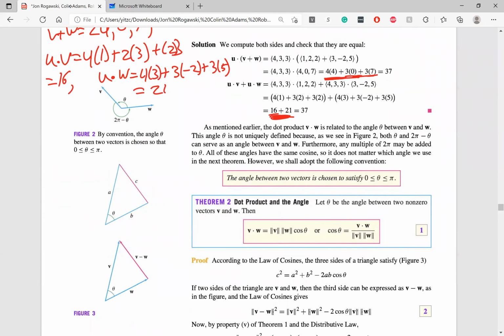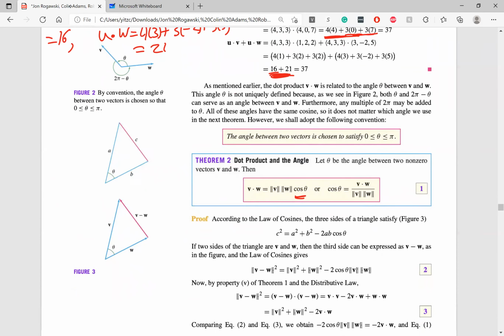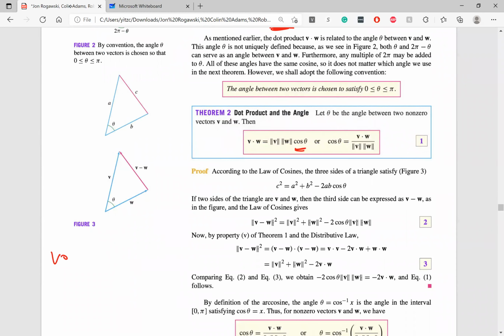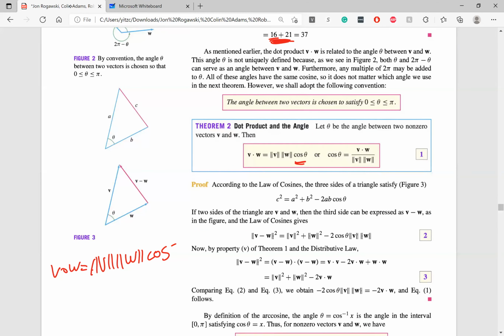So, like I said, the dot product is trying to capture what cosine originally did. And we have a very specific relationship between the dot product and cosine. And that is that v dotted with w is equal to the magnitude of v times the magnitude of w times cosine of theta.